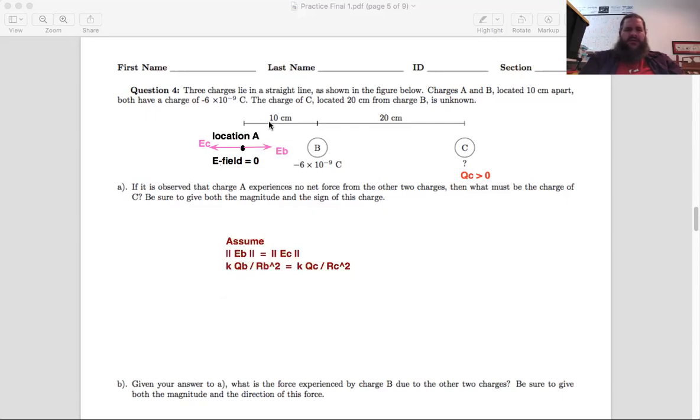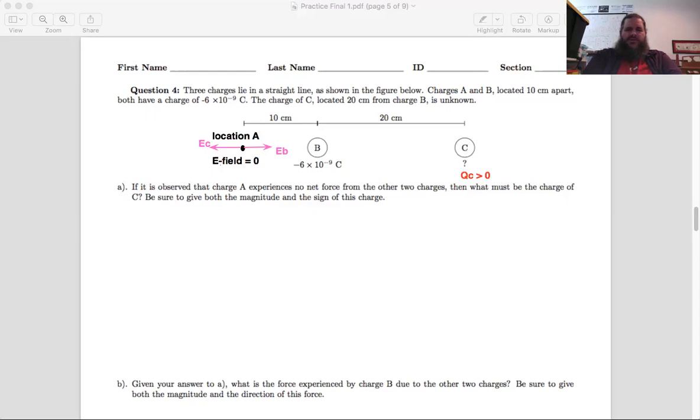And then how would we solve for the unknown charge? Well, before even plugging in any numbers yet, just algebraically, how would you isolate QC in this equation? You would multiply by RC squared.